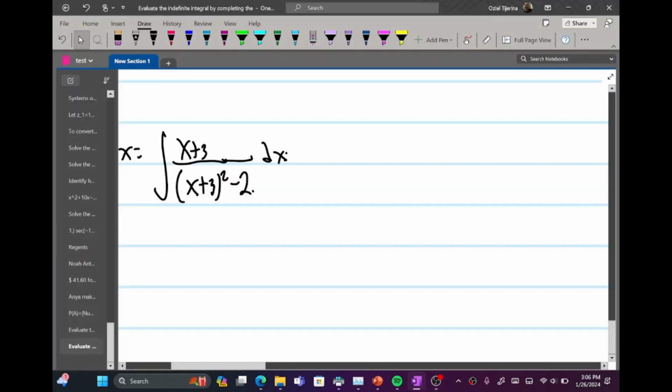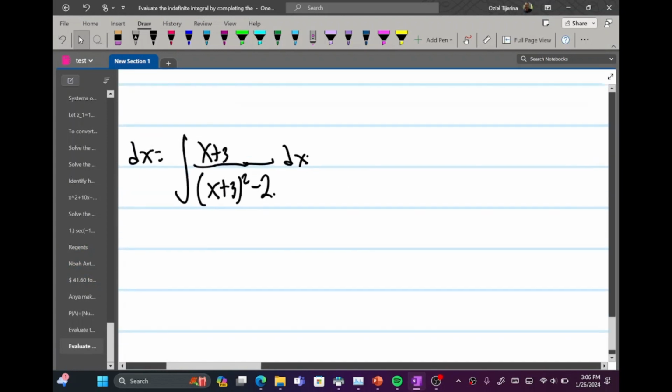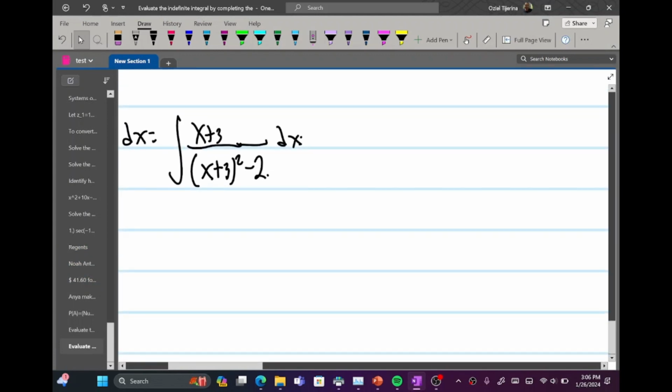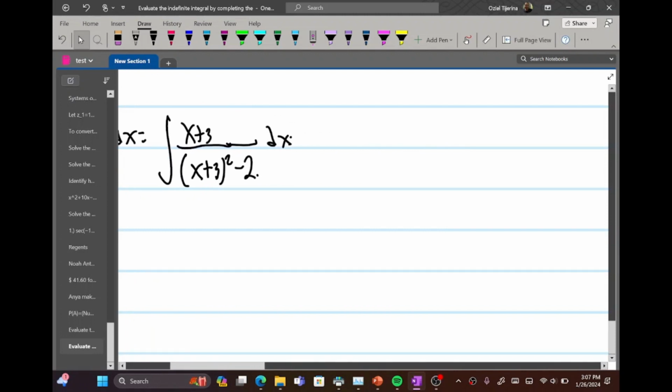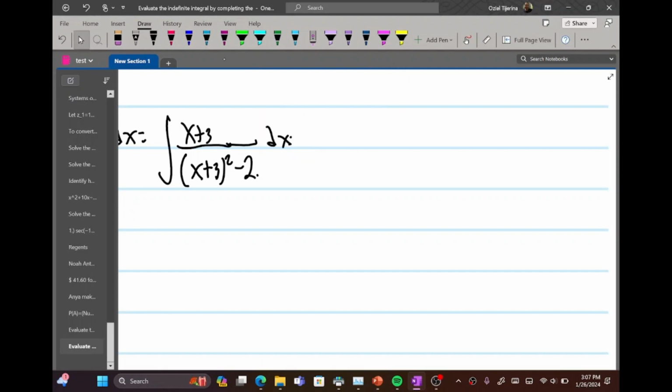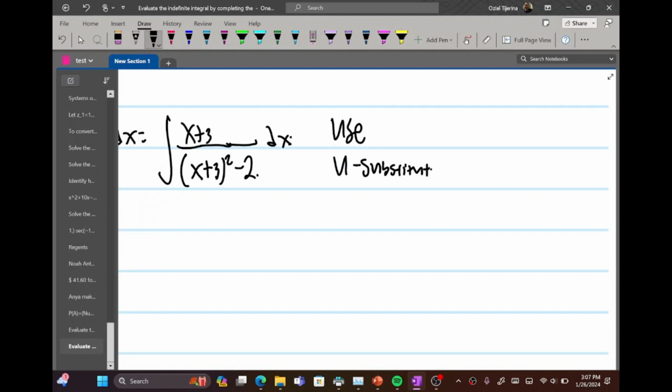But now we're going to go ahead and do the following. I know that in this case, I can make u equal to x plus 3, right? So I can use u-substitution to actually integrate this part.